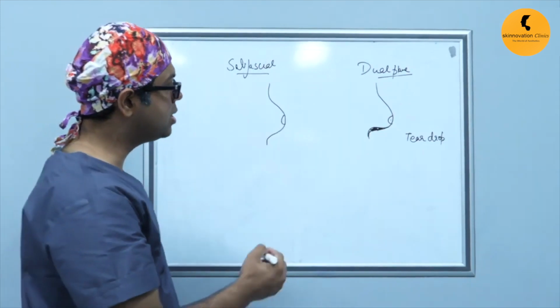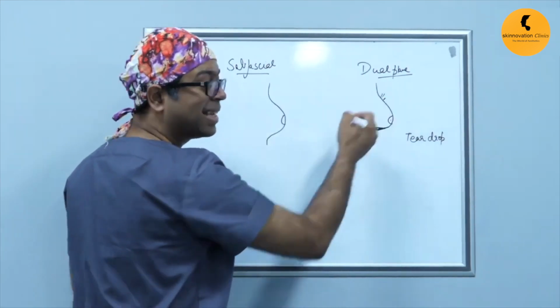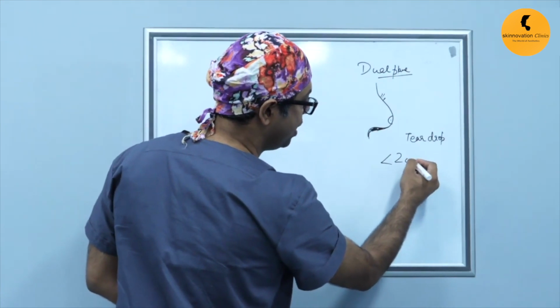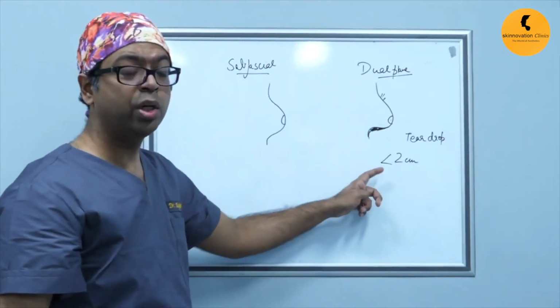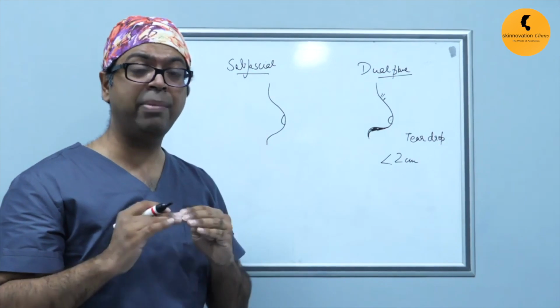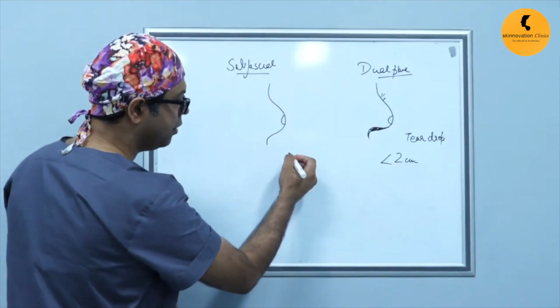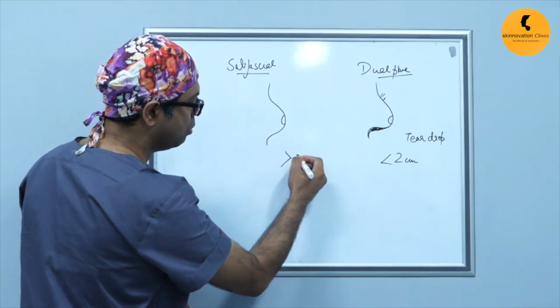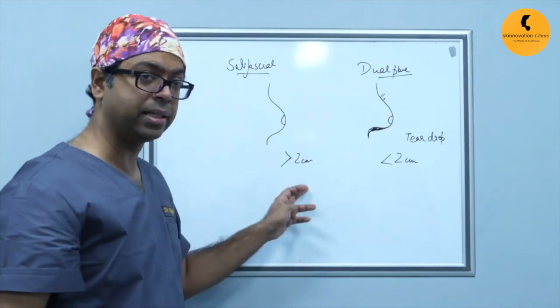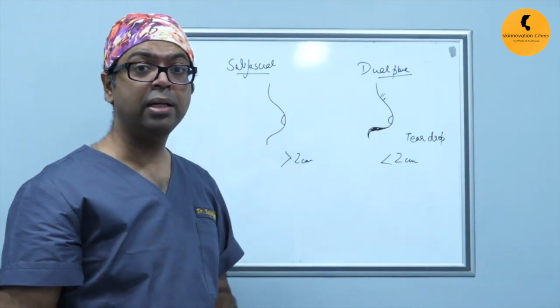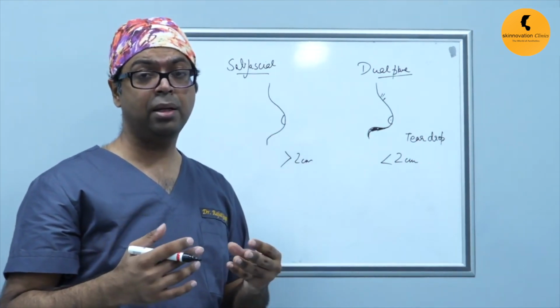The other difference is, if the upper pole skin thickness is less than 2 centimeters, then one should go for a dual plane, otherwise there will be implant show in the upper pole of the breast. If the upper pole skin thickness is more than 2 centimeters, one can go for a subfascial because this will not show. This is understandable.